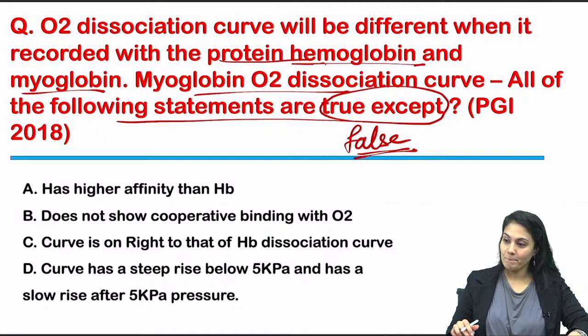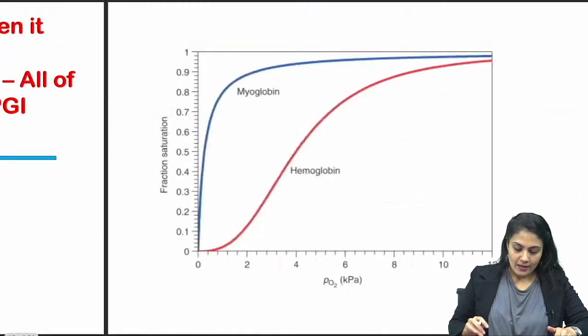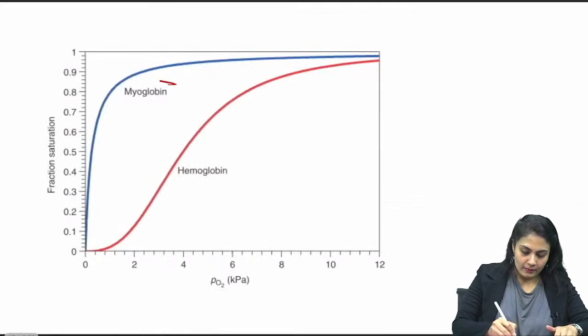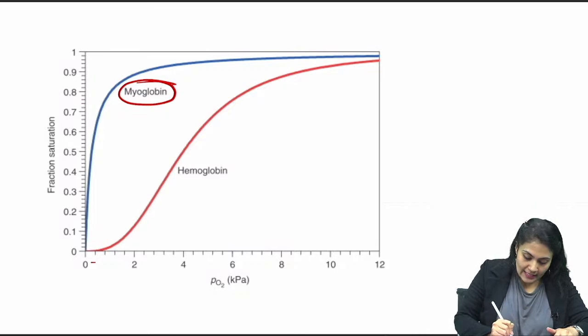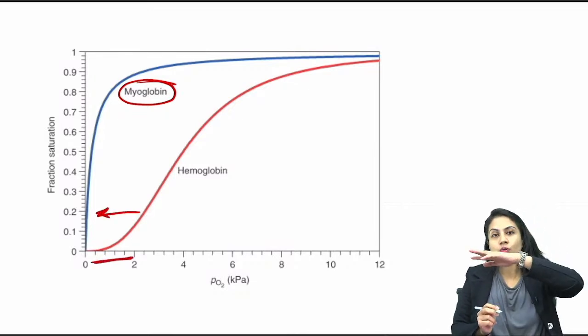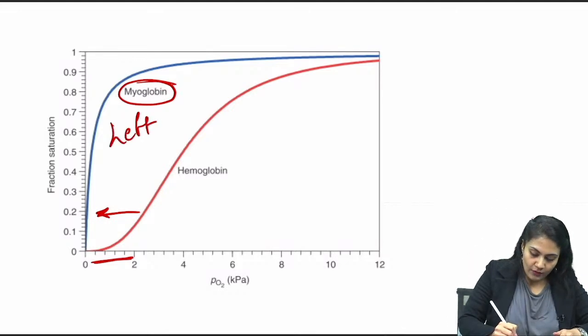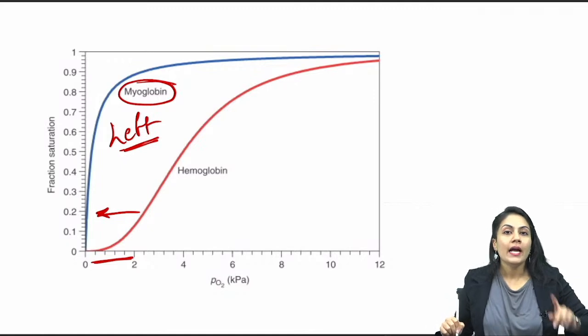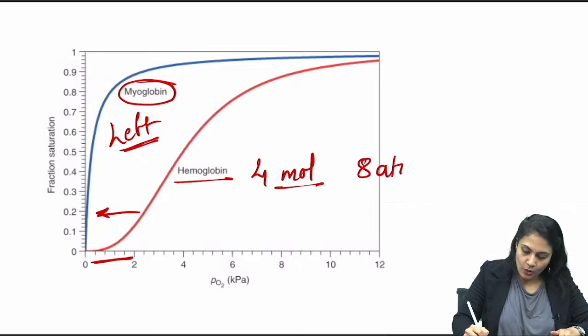Right. So I'll just show you a diagram over here. Remember, myoglobin is going to have the higher affinity, and that's why in less pressure, as compared to hemoglobin, it is going to get saturated very quickly. But remember, it is on the left side of the hemoglobin curve. Hemoglobin binds to 4 molecules, that means 8 atoms of oxygen, right?